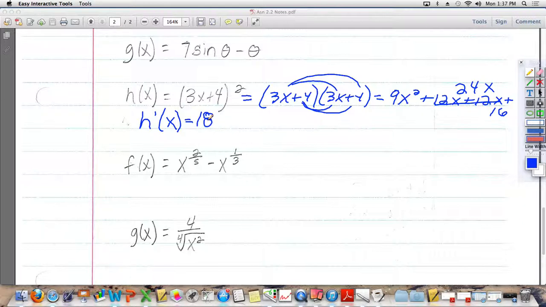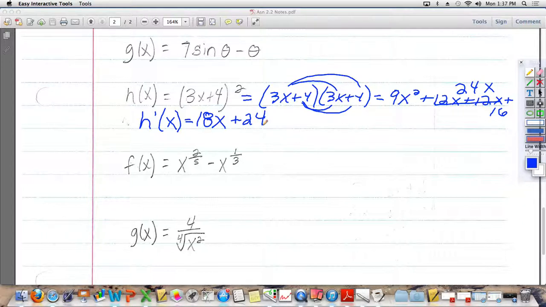X squared, you take away 1 from the squared, you get 18x to the power of 1. And then 24x, what's the derivative of 24x? It's just going to be 24. So you have a plus 24, and then the derivative of 16 is 0, so I don't even bother adding the 0 at the end. So the derivative of (3x plus 4) squared is 18x plus 24.